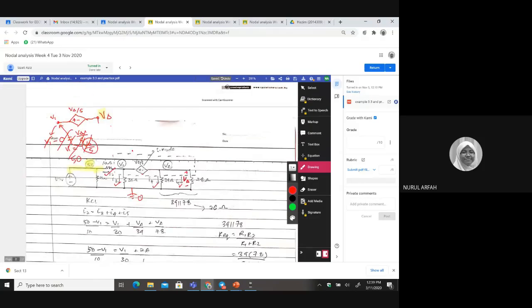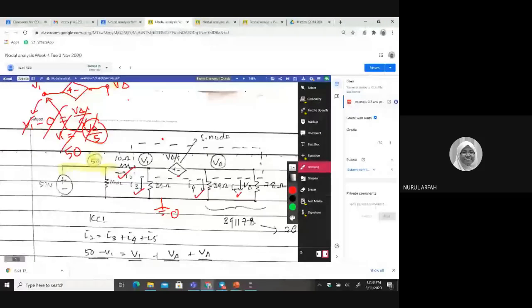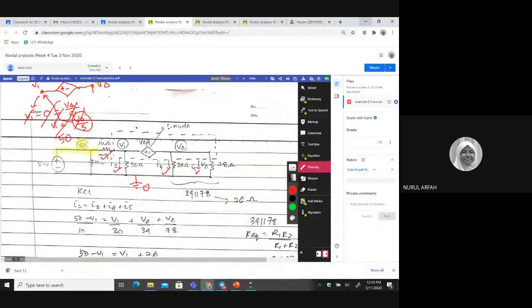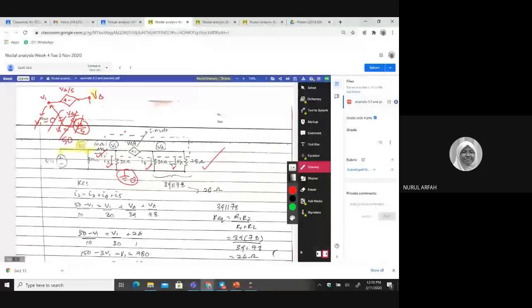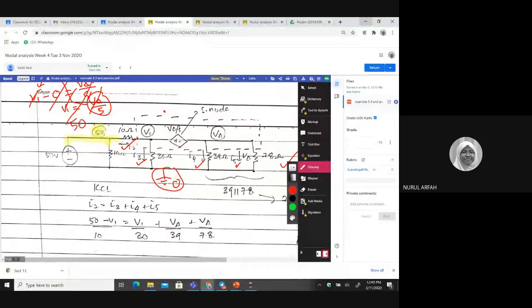Okay, good. Now, I think most answers are correct. Only this part is missing. Then I will go to the next step to find the supernode. Do we have any supernode here? Yes.